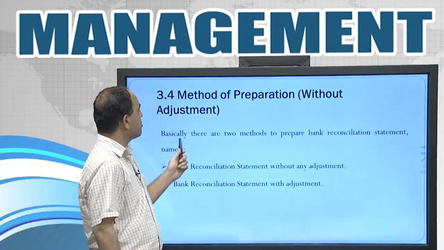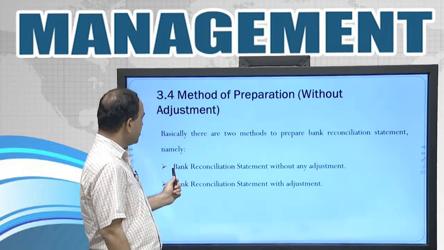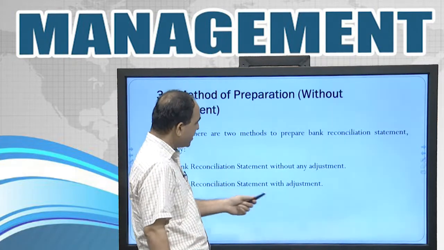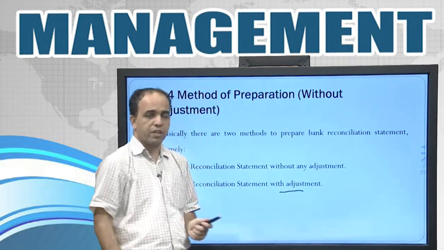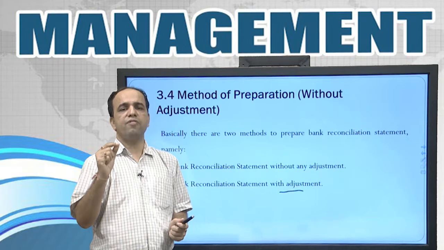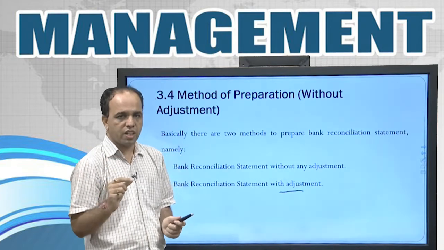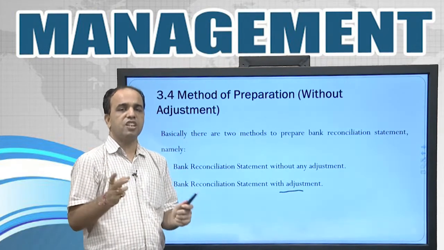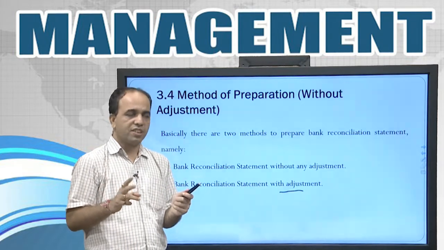Basically, for the method of preparation, we generally have two methods: bank reconciliation statement without adjustment and bank reconciliation statement with adjustment. With adjustment means if any error occurred in the transactions, then we can rectify. Friends, generally these are two main things.